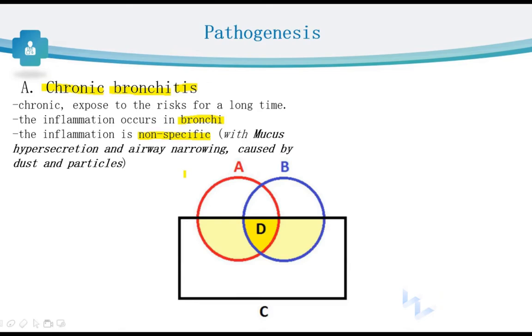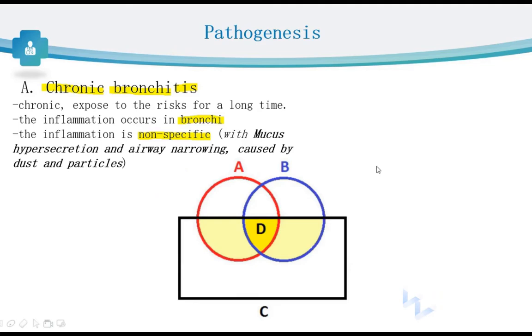For the specific inflammation, the cause must be microorganisms, so that we choose antibiotics for therapy. But in COPD, the non-specific inflammation is caused by dust and particles, so that we have to choose glucocorticoid, but not antibiotics for therapy.